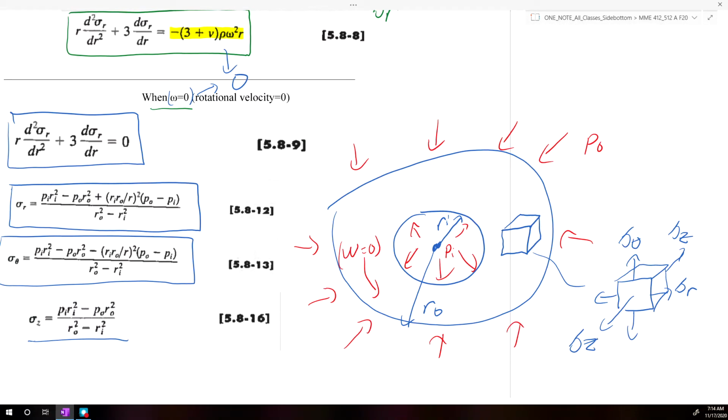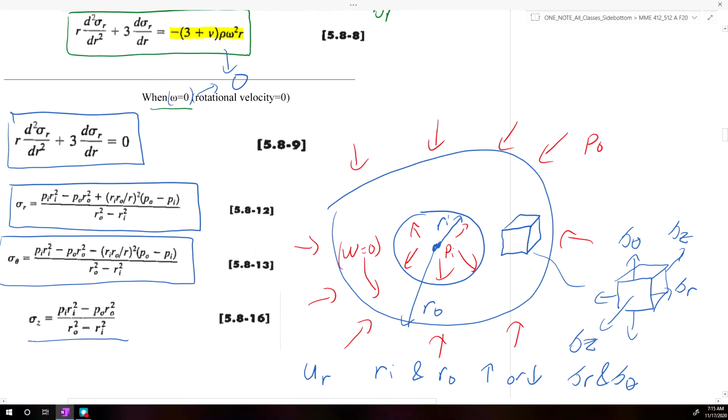Due to these stresses, from the internal pressure and the external pressure, you'll get some displacement in the radial direction. Basically, the inner radius and the outer radius may increase or decrease depending on what sigma r and sigma theta are.